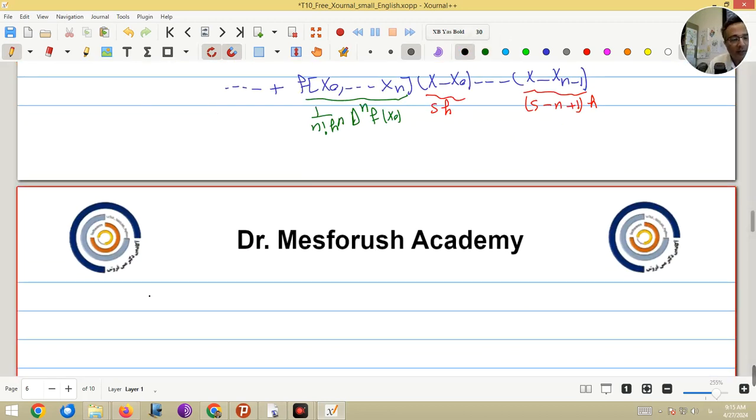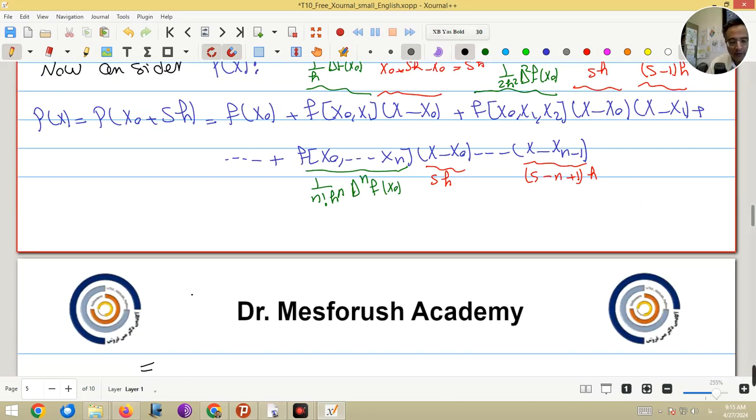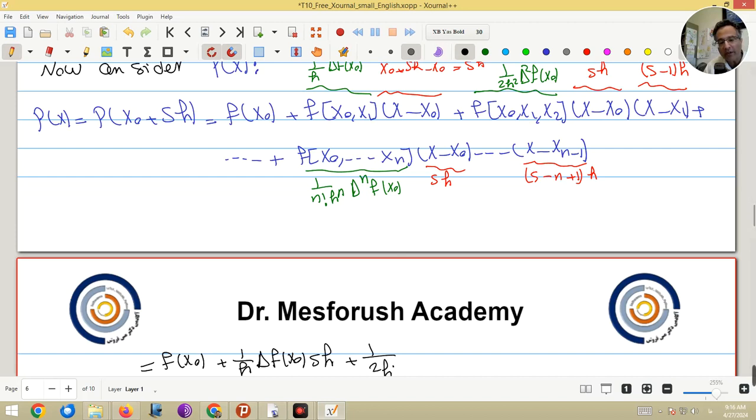So let me write f of x0 itself, no different. Here, instead of this one, put 1 over h delta f of x0, and instead of this one put sh. For here, let me put 1 over 2h squared delta squared f of x0 times sh times (s minus 1)h. So it will be s times s minus 1 times h squared.